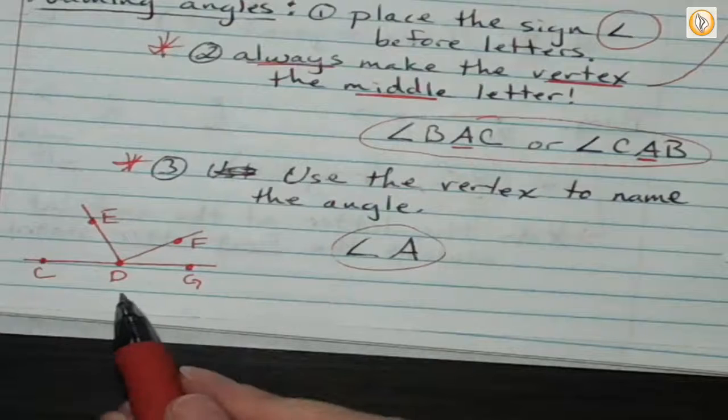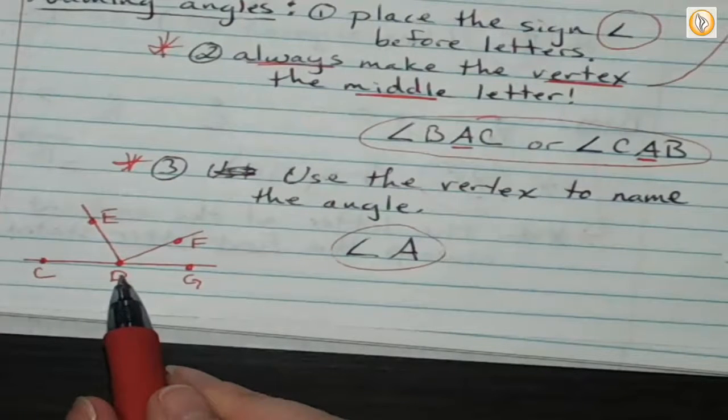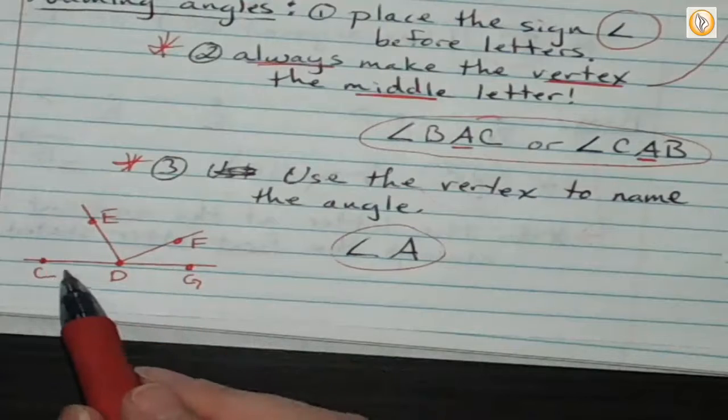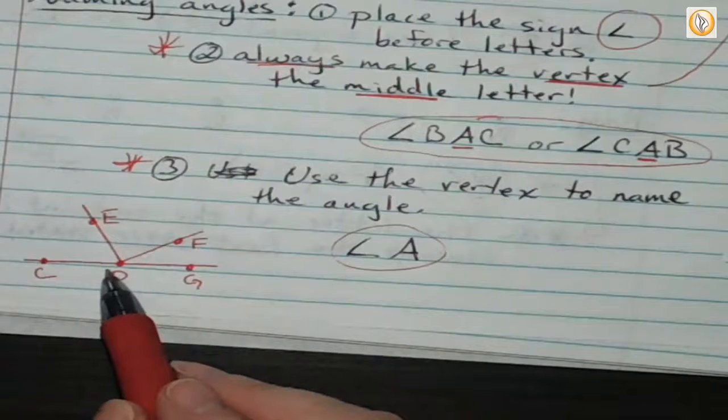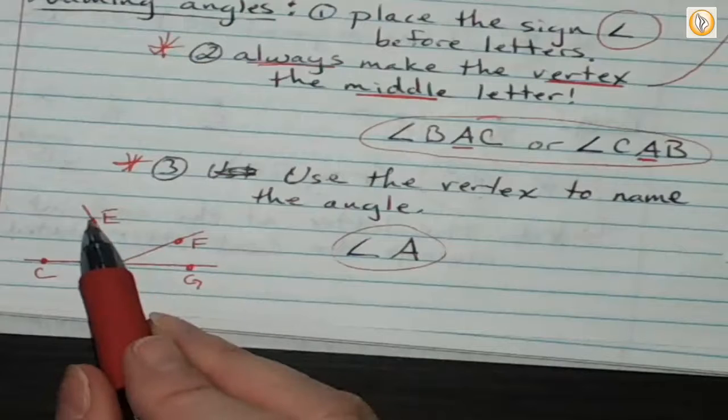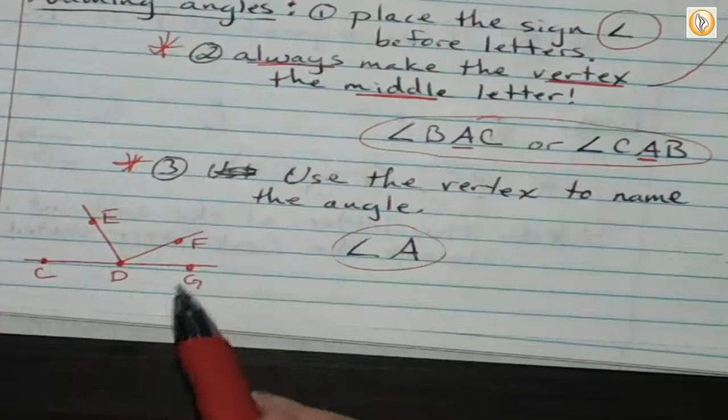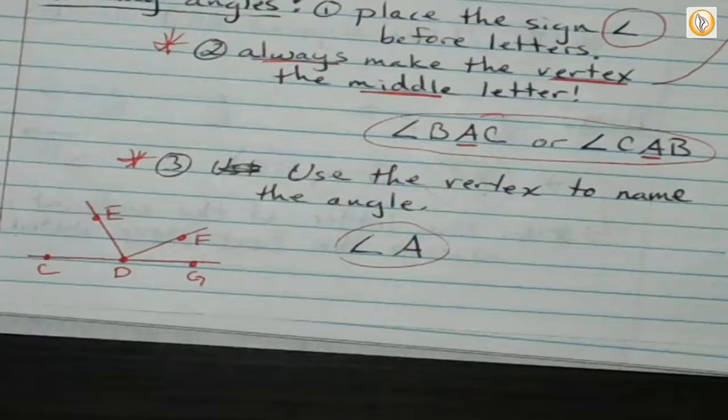If you tell me angle D, I'll probably get mad. Because there's 1 angle there, there's 2, there's 3, there's 4, there's 5. There's at least 5 angles there. There's more than that, but there's at least 5.